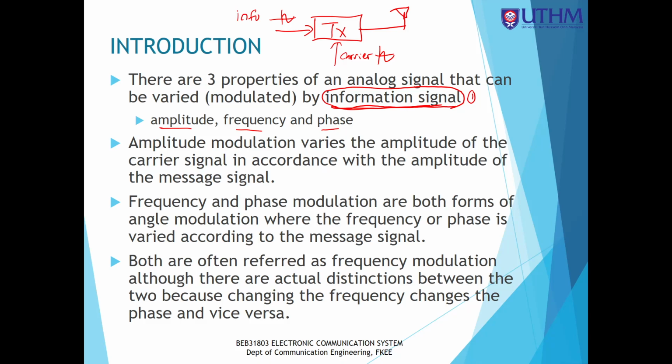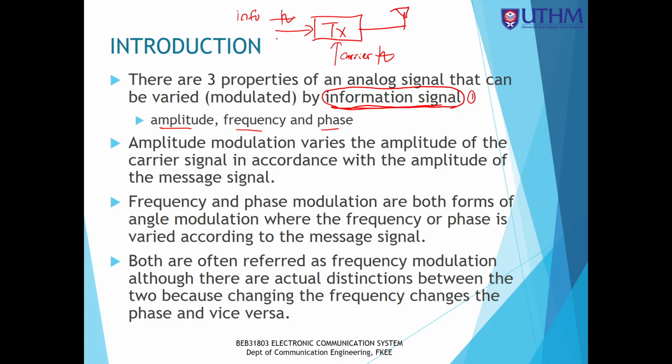The modulation process will change the characteristic of the carrier in accordance with the amplitude variation of the input message or information signal. So for the modulation process, at least we need 2 inputs.